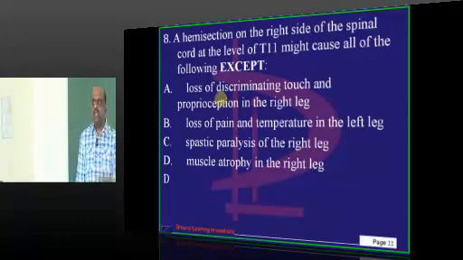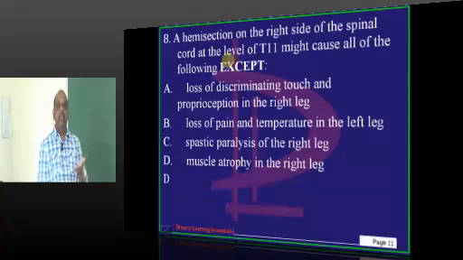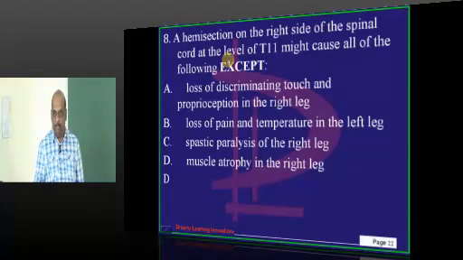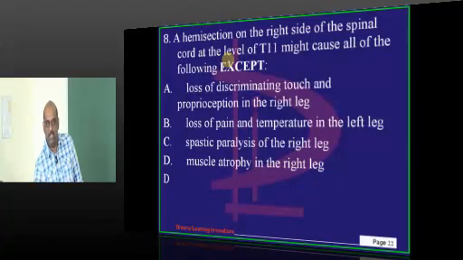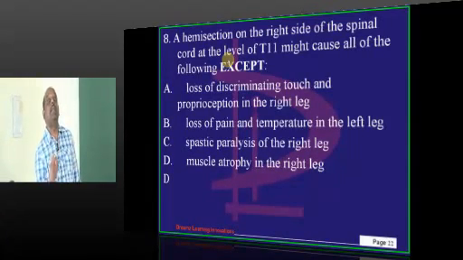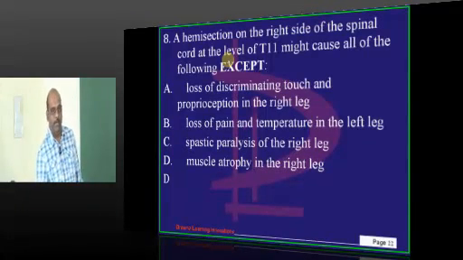If you do the hemisection of the spinal cord, ipsilaterally there will be UMN features, because the corticospinal tract got interrupted by your hemisection. Hence the lower limbs, or the muscles below that, will show hypertonia and exaggerated deep tendon reflexes, which are the features of UMN in Brown-Sequard.